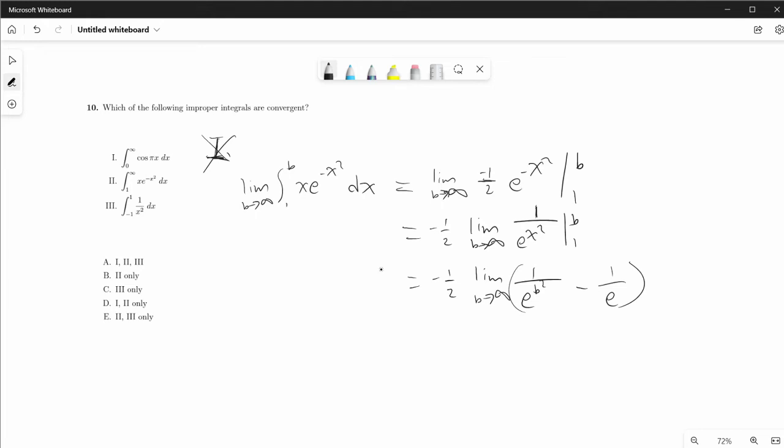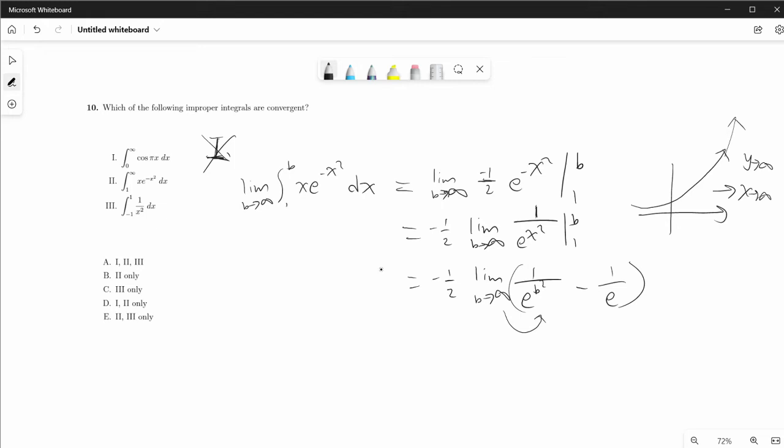And then if you plug infinity in here, this fraction goes to 0. If you think about the exponential graph, e to a power is going to approach infinity as x approaches infinity.